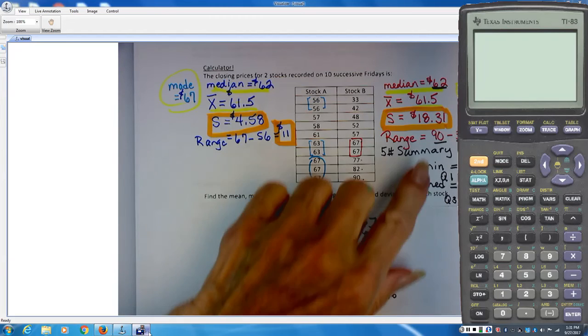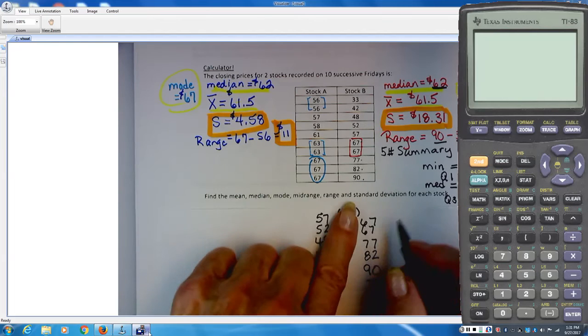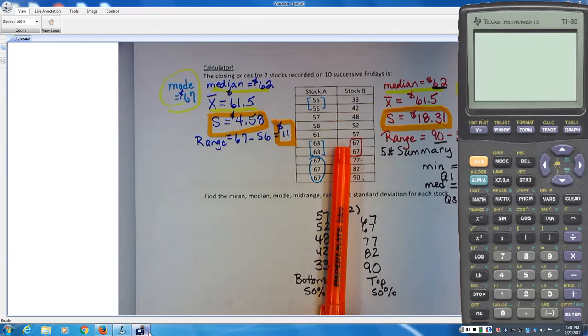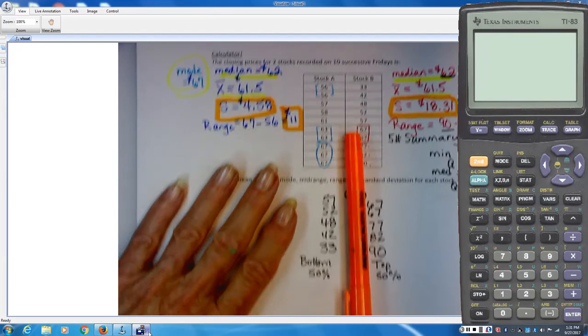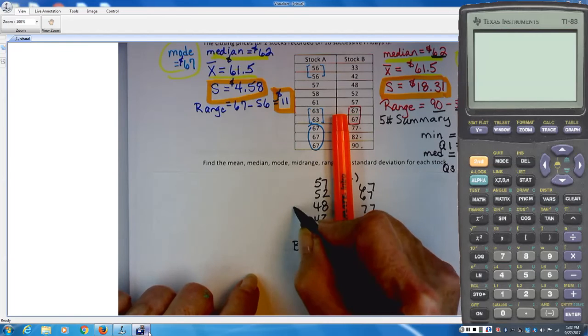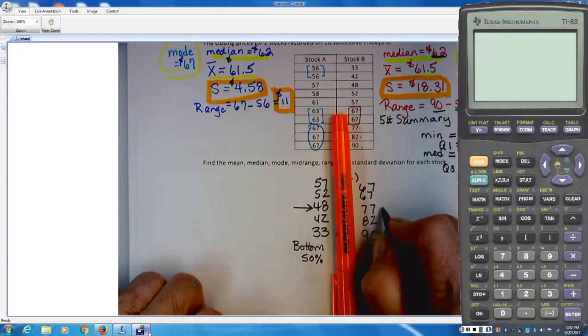What these quartiles are is the same thing, except it's the middle of the upper half of the data. So if I only look at the upper half of the data here, what's the middle number? You got 5 numbers, which one's in the middle? 48. Okay. Got 5 numbers on this side. What's the middle number? 77.